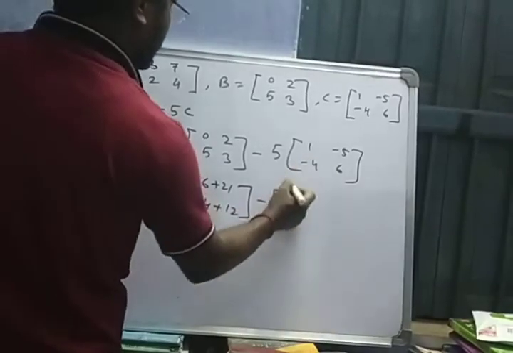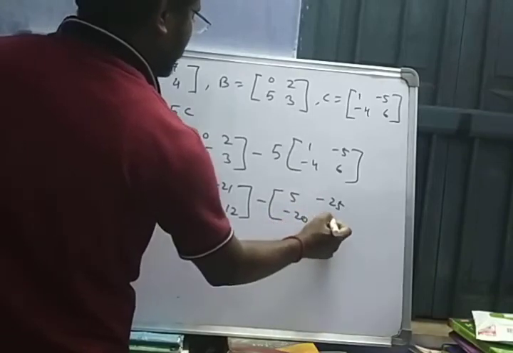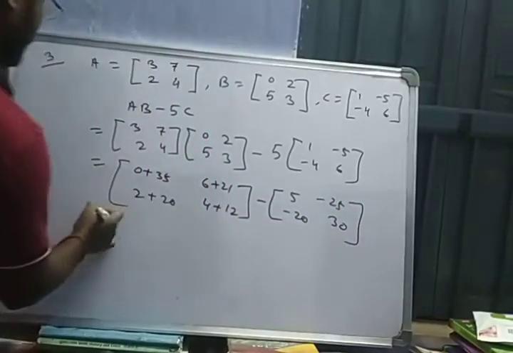Minus 5 will multiply here: minus 5, minus 25, minus 20, 30.